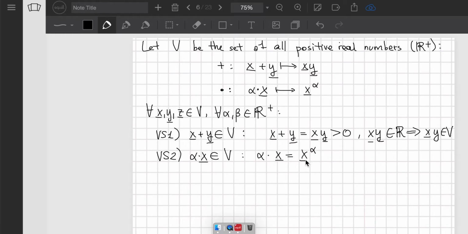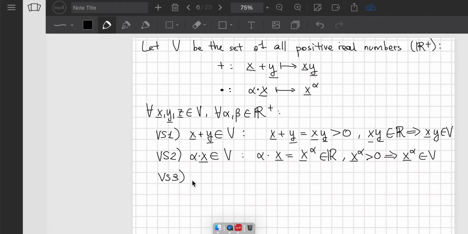But since x is positive and a real number, x to the power of alpha must also be a positive real number. And so we just proved that this is a real number and that it must be positive because x is positive. So x to the power of alpha must belong to V. And these are pretty straightforward.